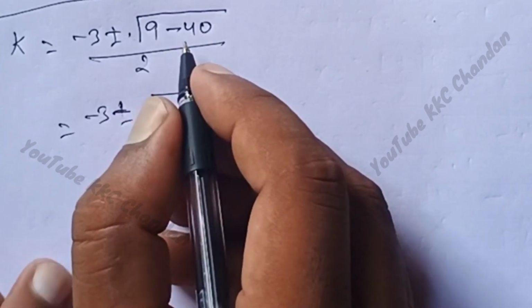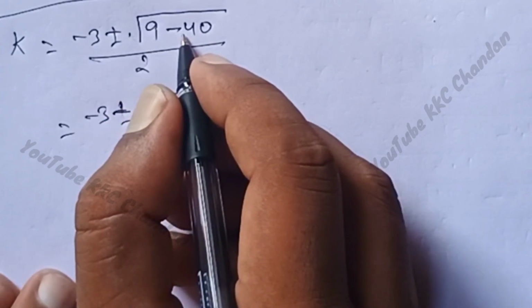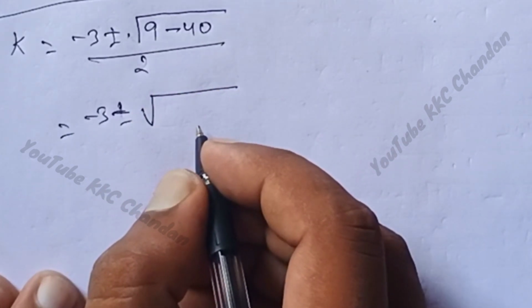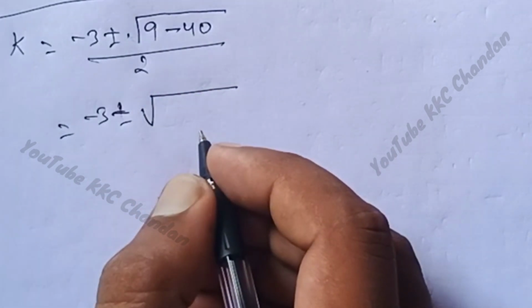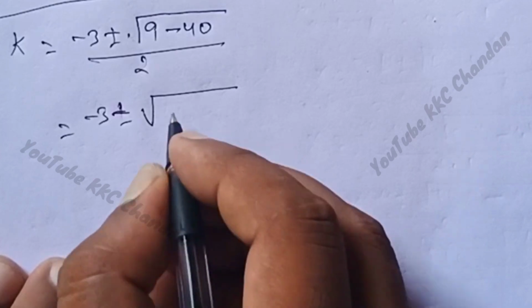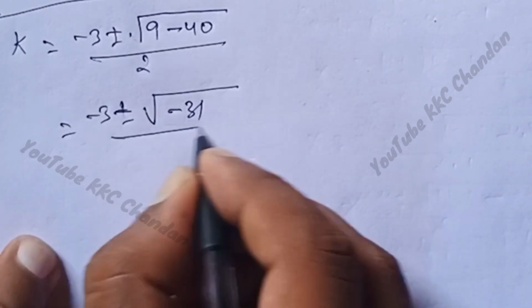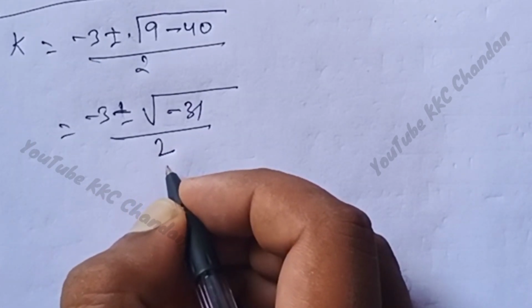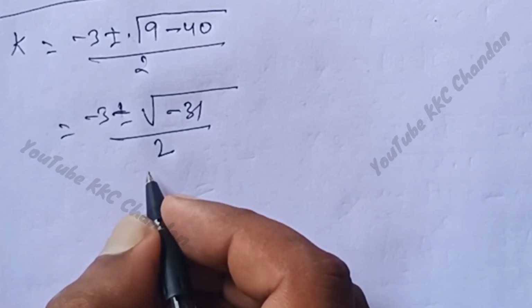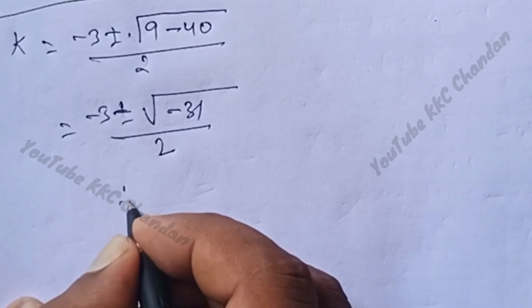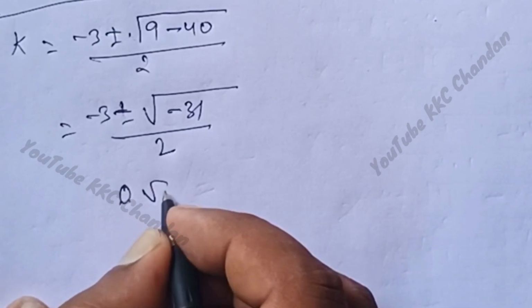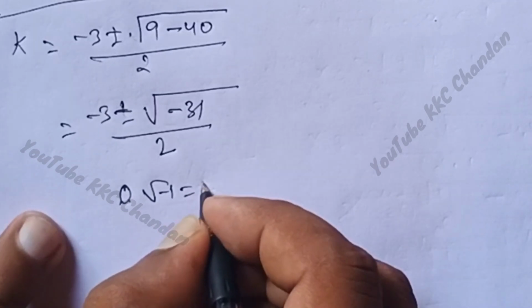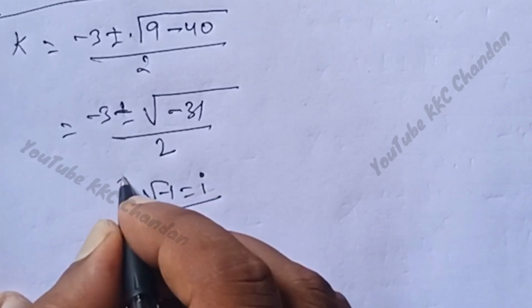root under 9 minus 40, means the value is minus 31, divided by 2. Therefore we know that root under minus 1 is written as iota.